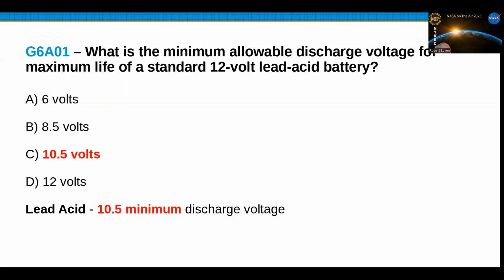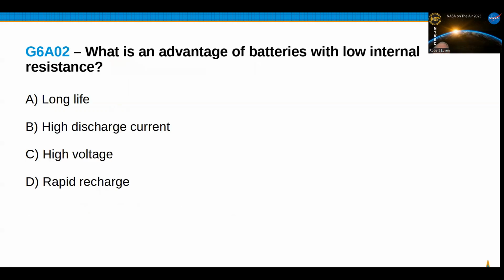The pulse charger puts a frequency on the direct current that is the resonating frequency of lead sulfide. So as it gets that pulsing frequency, it causes lead sulfide to shake loose from the plates in the battery and go back into solution. Sometimes you can turn them upside down.